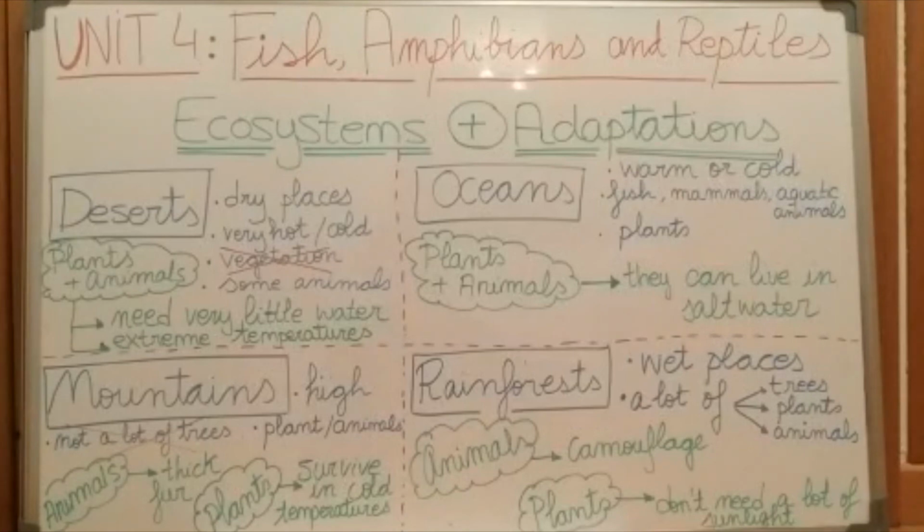What is the adaptation that you can find in the rainforest? Animals in the rainforest have to camouflage, okay, to avoid being harmed by another animal. Also, plants which are growing in the rainforest don't need a lot of sunlight. These are the adaptations that animals and plants can have in the rainforest.